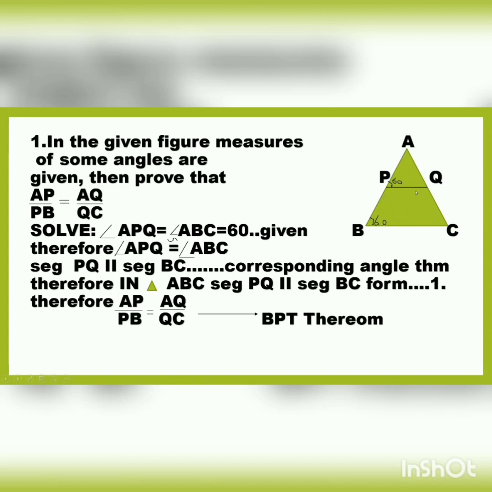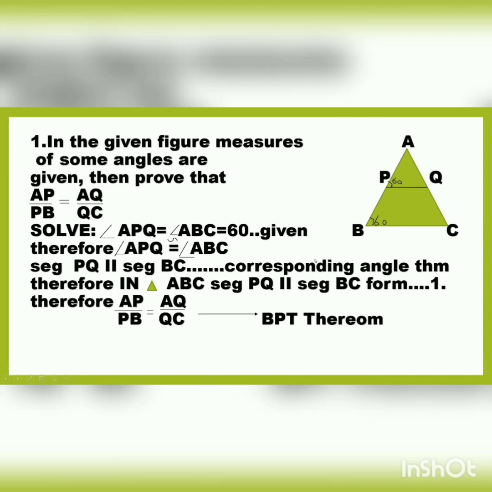APQ is on the PQ segment and ABC is on BC. Both angles are corresponding angles. If angle APQ is a corresponding angle and ABC is also a corresponding angle, so you can say segment PQ is parallel to segment BC.